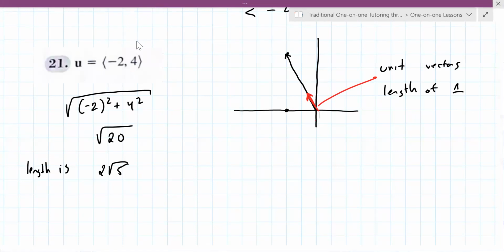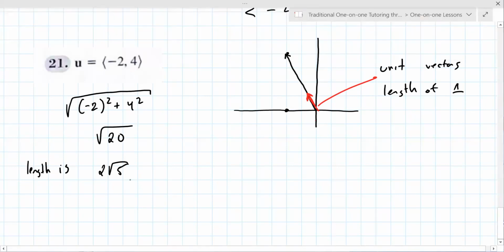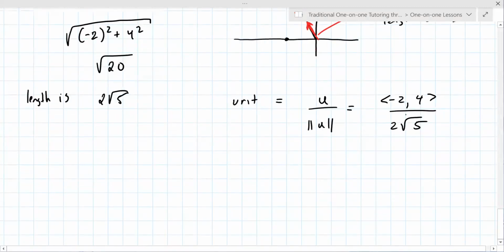And then how to actually calculate it. You do need this. So the unit vector is your vector over the magnitude of your vector. So in your case, it's minus 2 comma 4 divided by 2 square root 5. And this would be correct, except they don't want you to write it this way. They want you to rationalize and stuff.